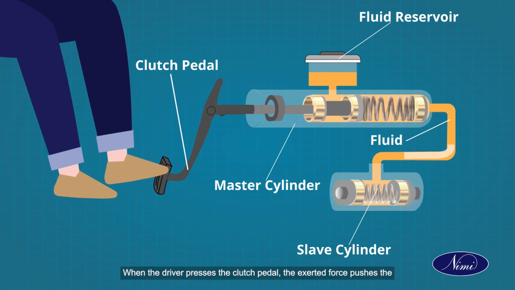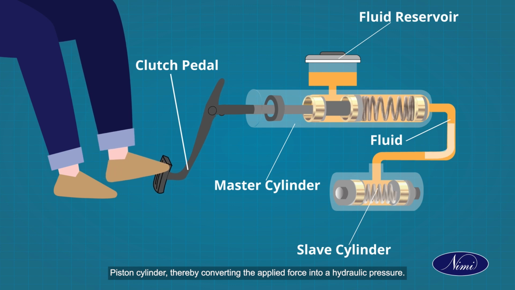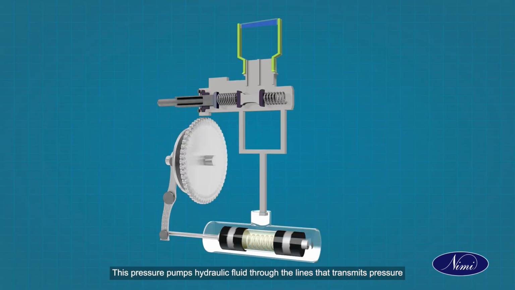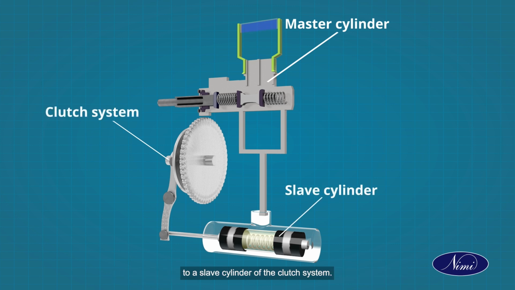When the driver presses the clutch pedal, the exerted force pushes the piston cylinder, thereby converting the applied force into a hydraulic pressure. This pressure pumps hydraulic fluid through the lines that transmit pressure to a slave cylinder of the clutch system.